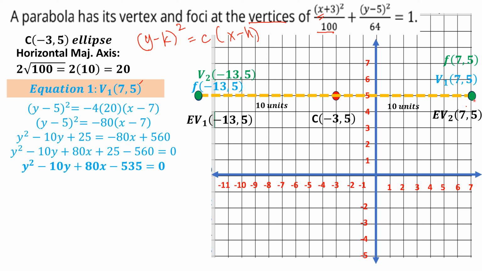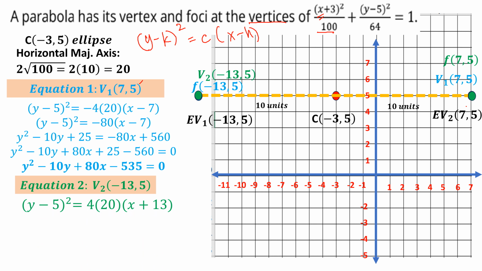Vertex and then foci. Let's proceed. Equation 2 is taken from vertex 2. Our vertex 2 is being described by negative 13 and 5. So this time we have a y minus 5.